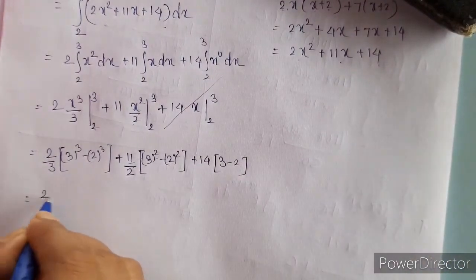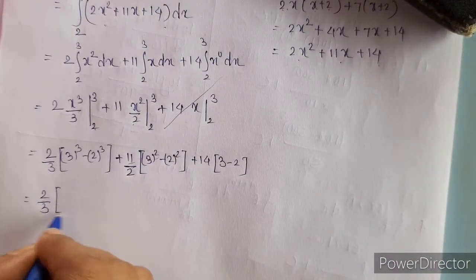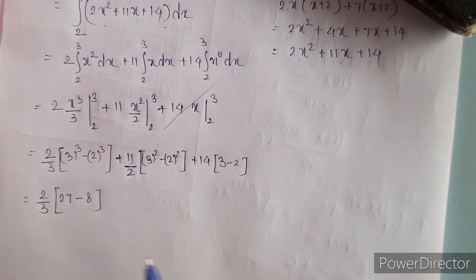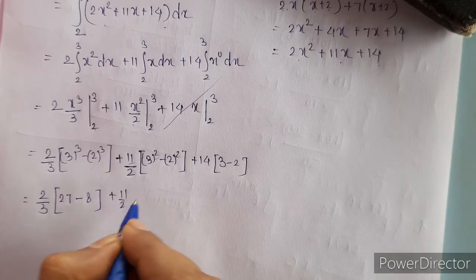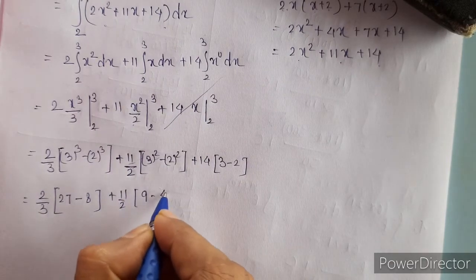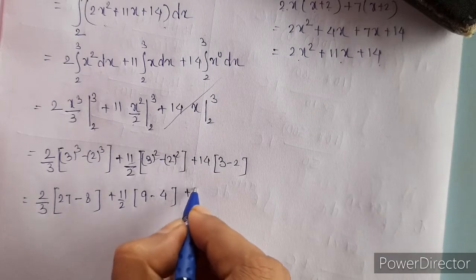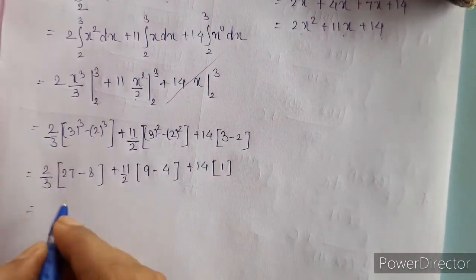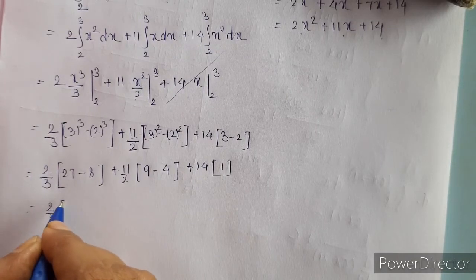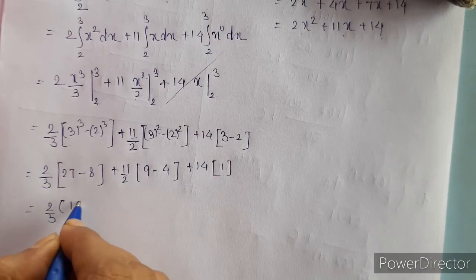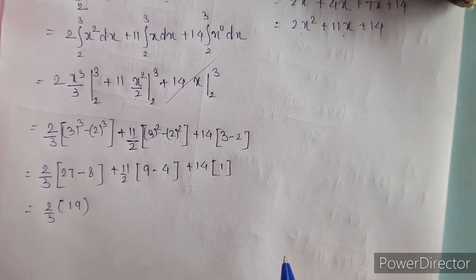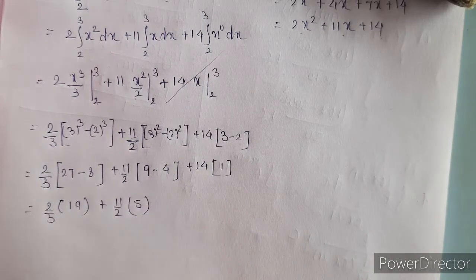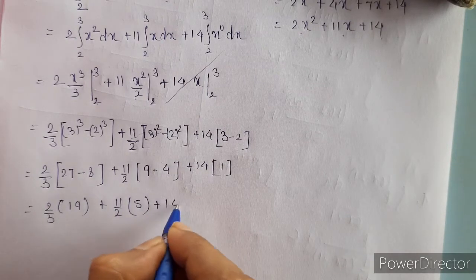Now simplify this. 2 by 3 as it is, 3 cube is 27 minus 2 cube is 8, plus 11 by 2, 3 square is 9, 2 square is 4, plus 14, 3 minus 2 is 1. So 2 by 3, 27 minus 8 is 19, plus 11 by 2, 9 minus 4 is 5, plus 14.